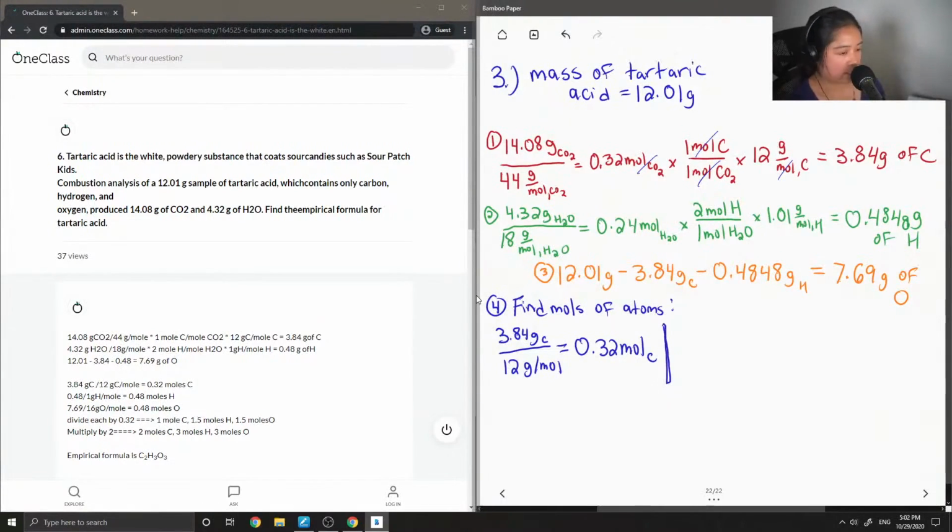Then let's do the same thing for hydrogen: 0.4848 grams of hydrogen divided by its molar mass, which is 1.01 grams per mole, and we get 0.48 moles of hydrogen.